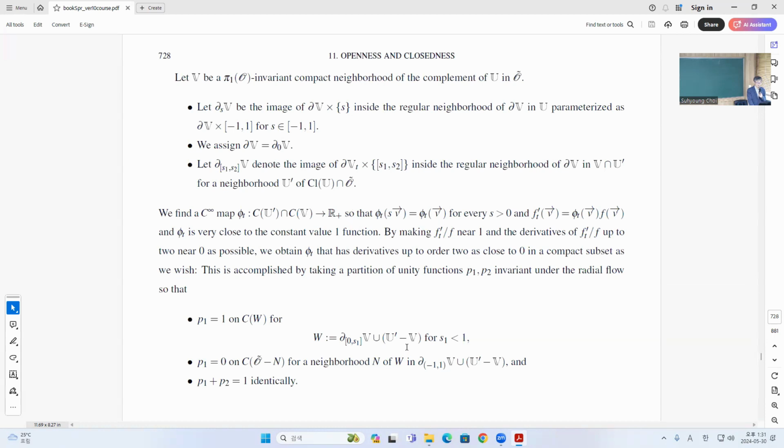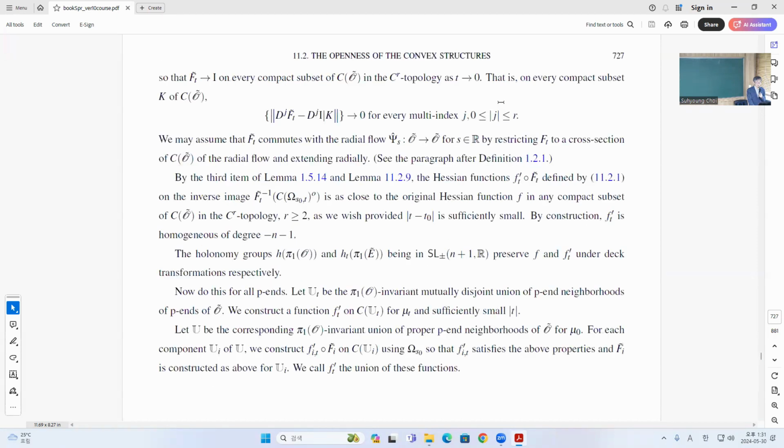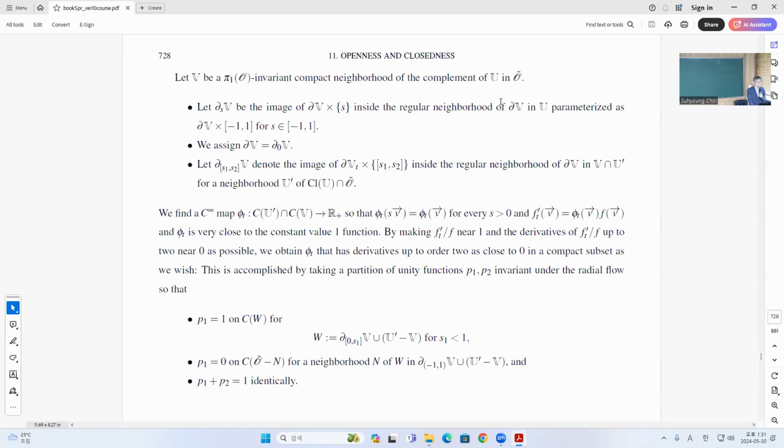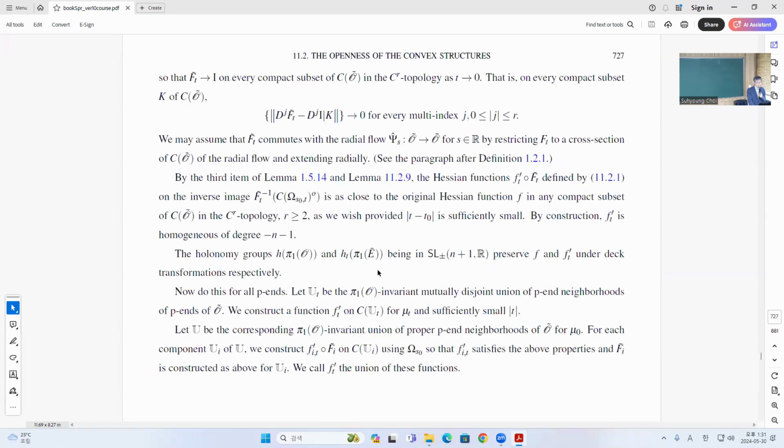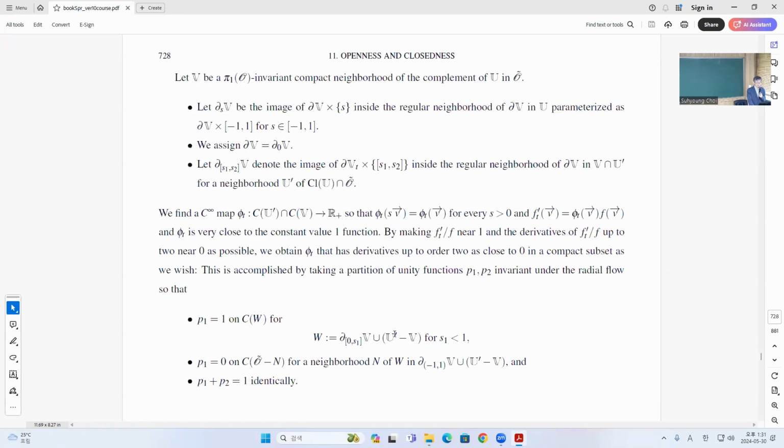So you find this partition of unity, so that in this W it is 1. So B is some cutoff of the compact invariant neighborhood of the complement of U. So U is chosen very small. Then this P is 0 in the neighborhood here, and P1 plus P2 is going to be 1.